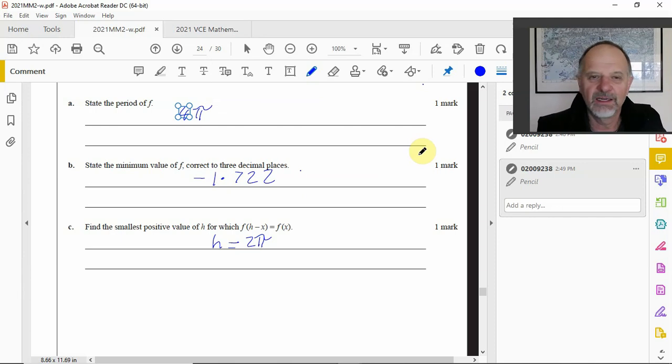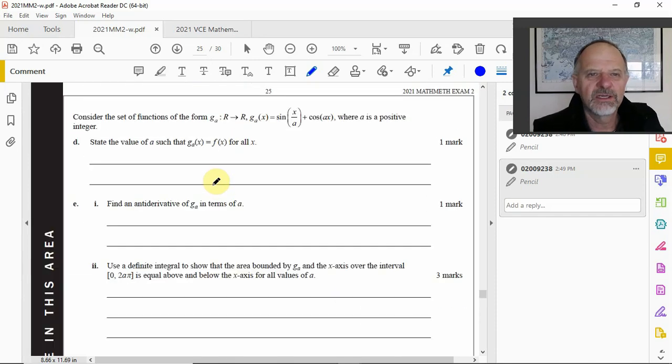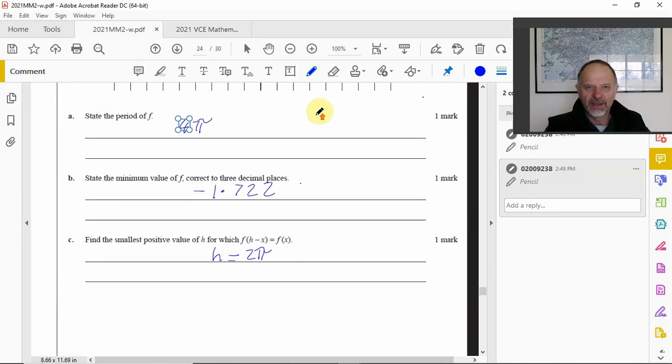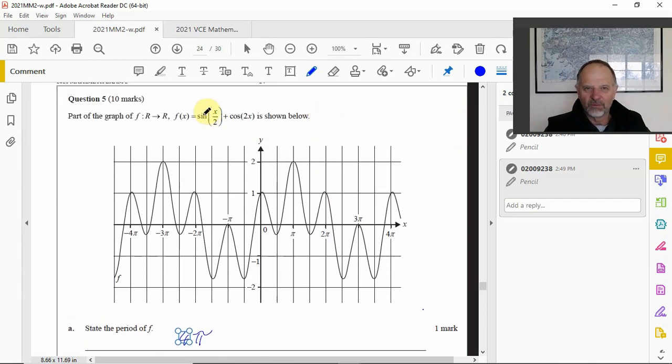Now the next part here, we come up and we now consider the set of functions g_a, where g_a(x) is sin(x/a) plus cos(ax), where a is a positive integer. So the value of a such that g_a is equal to f(x). So now let's compare the equations, and when you do, you see that they're the same form, sin(x over something) plus cos(something x), and these two somethings are the same.